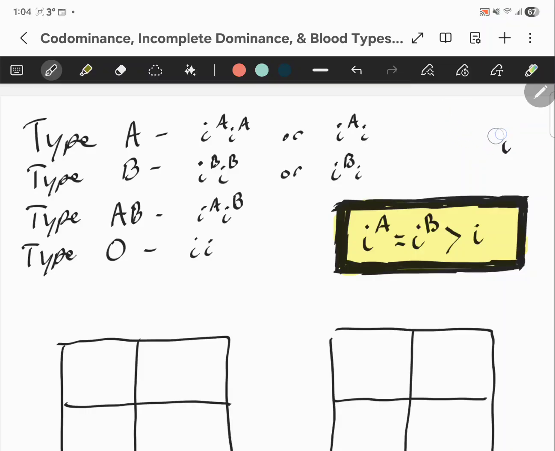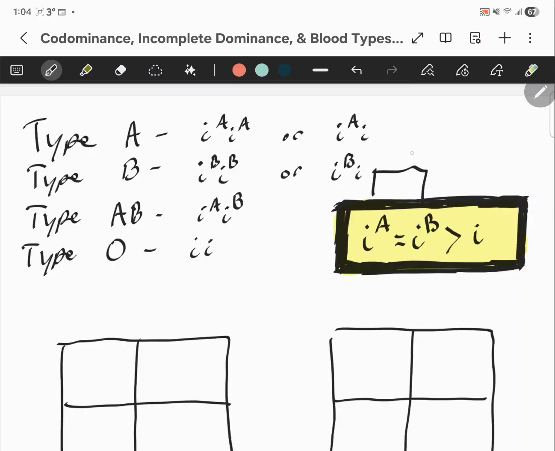All right, anyway, when we're talking about blood types, here are the different possibilities for type A blood. We could have two alleles that are both type A, or we could have type A and type O. How does this work? Well, if we look at this very important thing that I wrote here, which I would write down, we see that type A and type B blood are codominant to one another.